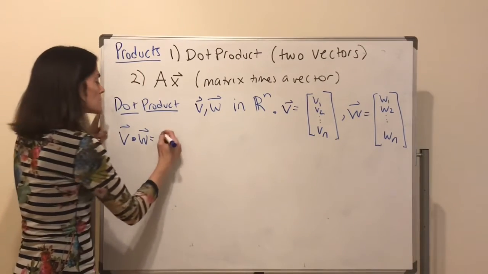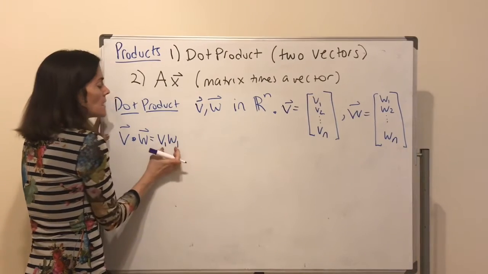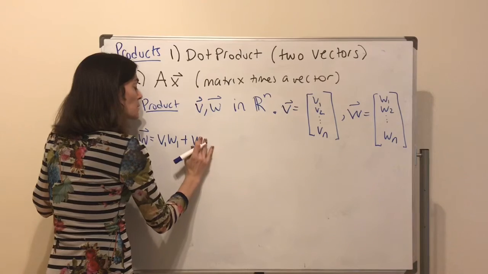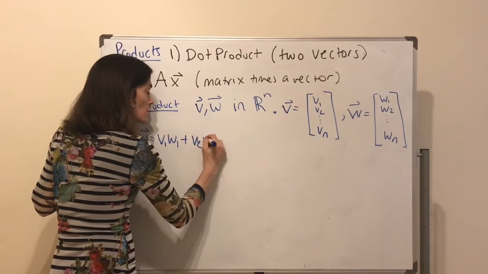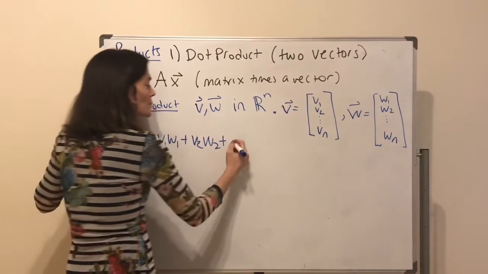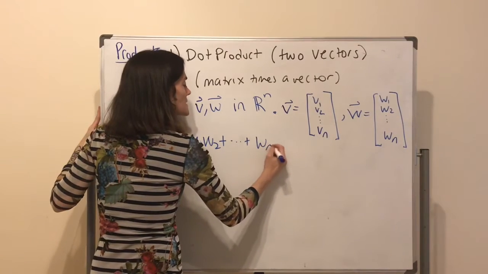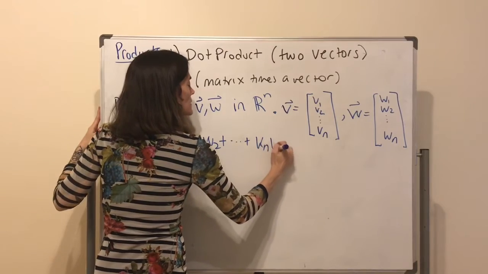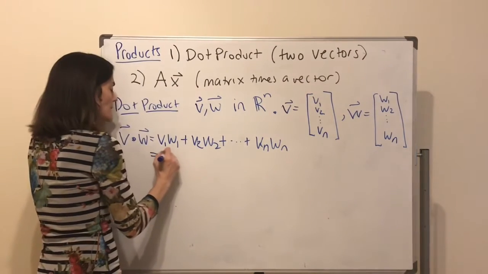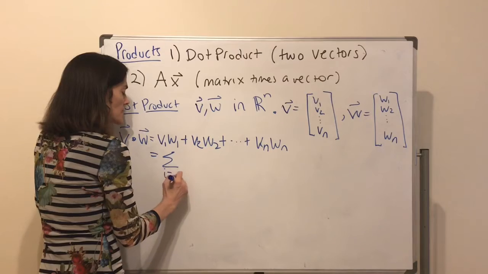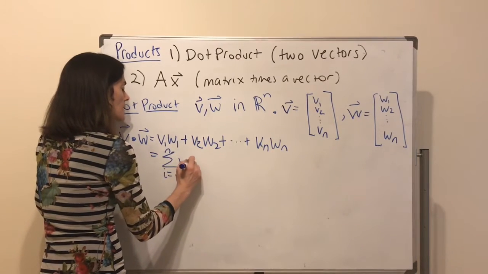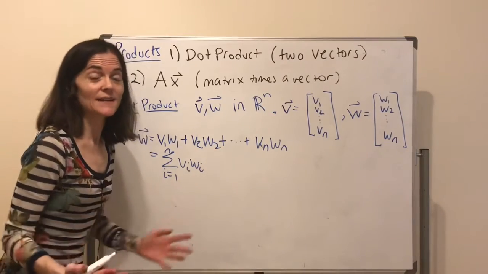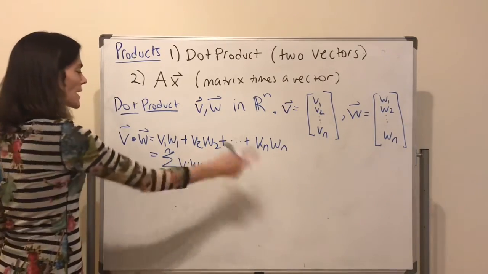And the number is, you just multiply the first two entries, add, then you multiply the second two entries, add, multiply all the way out to the last, V_n W_n. Or you could write this in summation notation if you wanted to, sum of V_i W_i, okay? This is the dot product, and it is without a doubt a scalar, right?